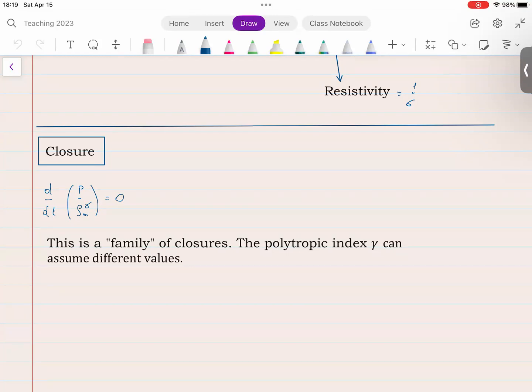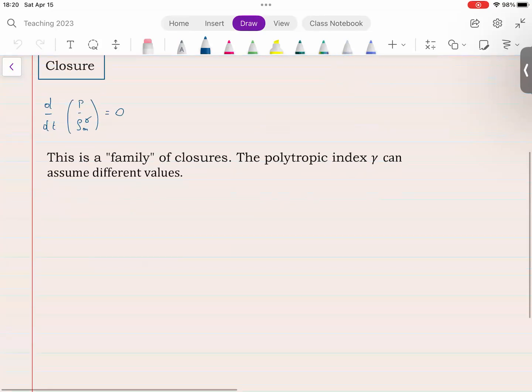And I don't know if it's worth spending much more time on this, but if we set gamma equal to 5/3, that will be our isentropic closure.